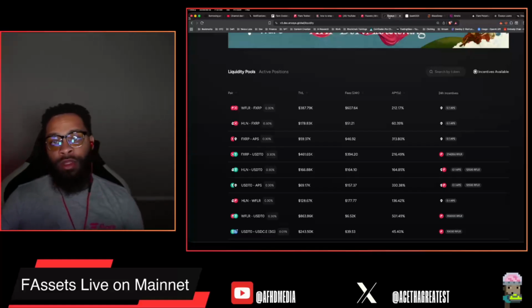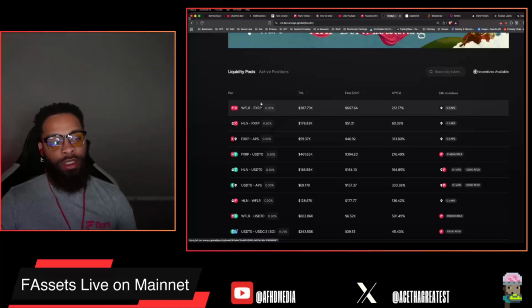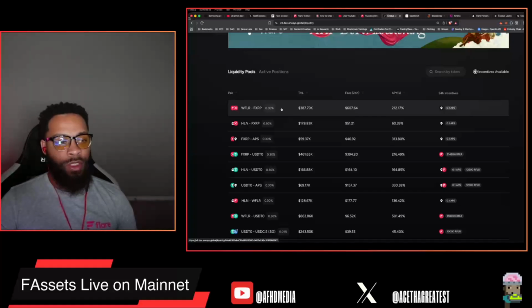Let's start with LPs. So you can supply liquidity on DEXes, whether it's Enosys, SparkDex, or BlazeSwap, and each one of them is offering some pretty intriguing, pretty enticing APYs to supply FXRP and another asset paired with it.